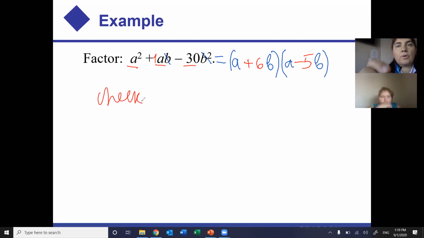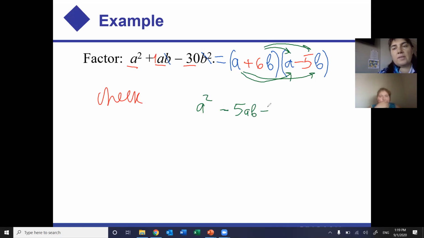Okay. I'm going to multiply. So A, let's make sure you get it. It's going to be A squared minus 5AB plus 6AB minus 30B squared. Right.